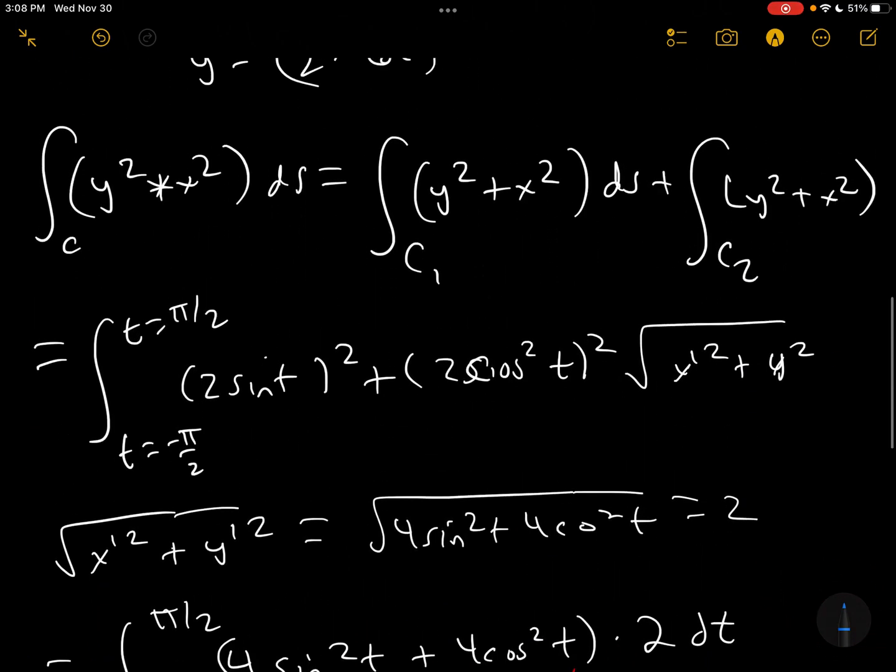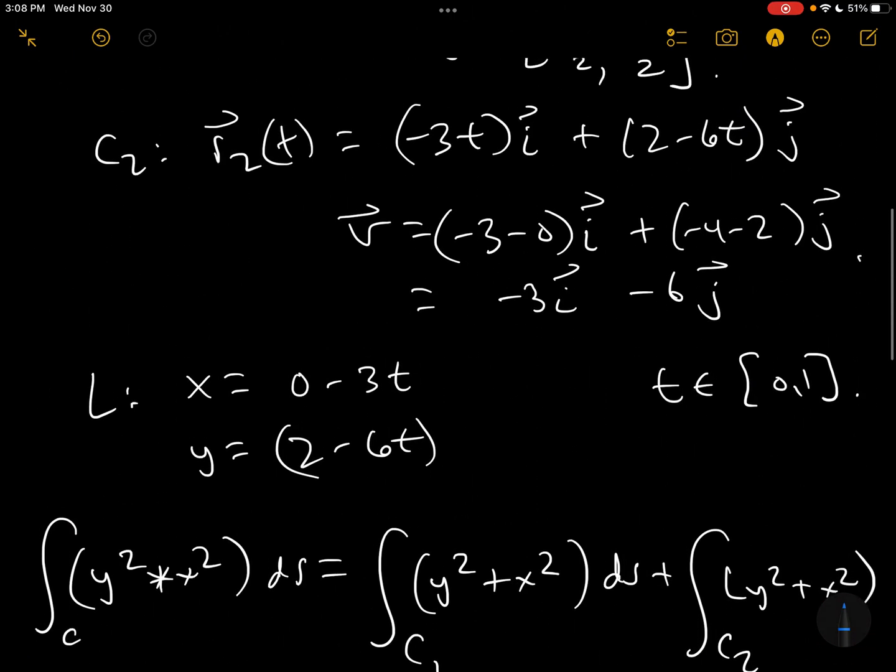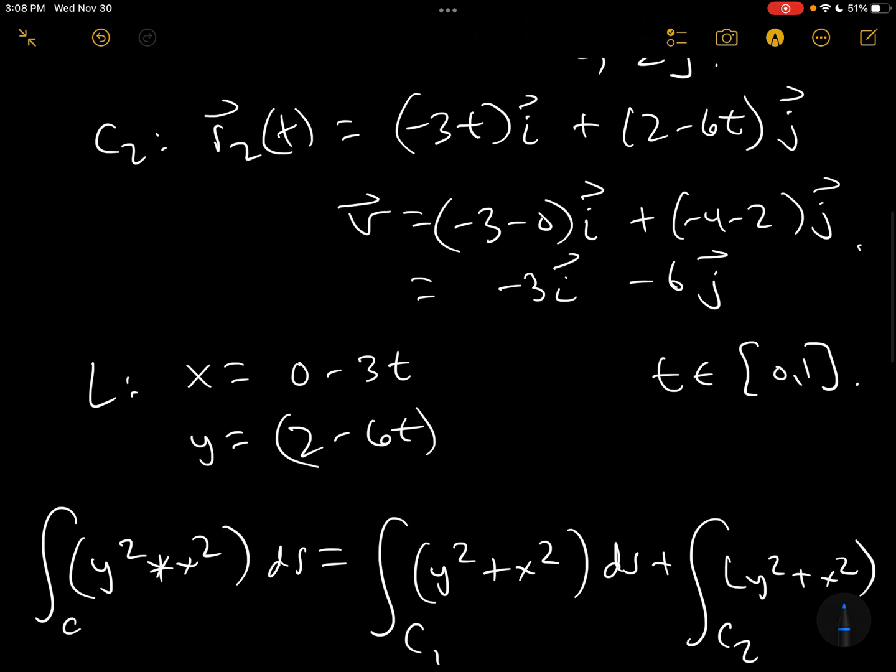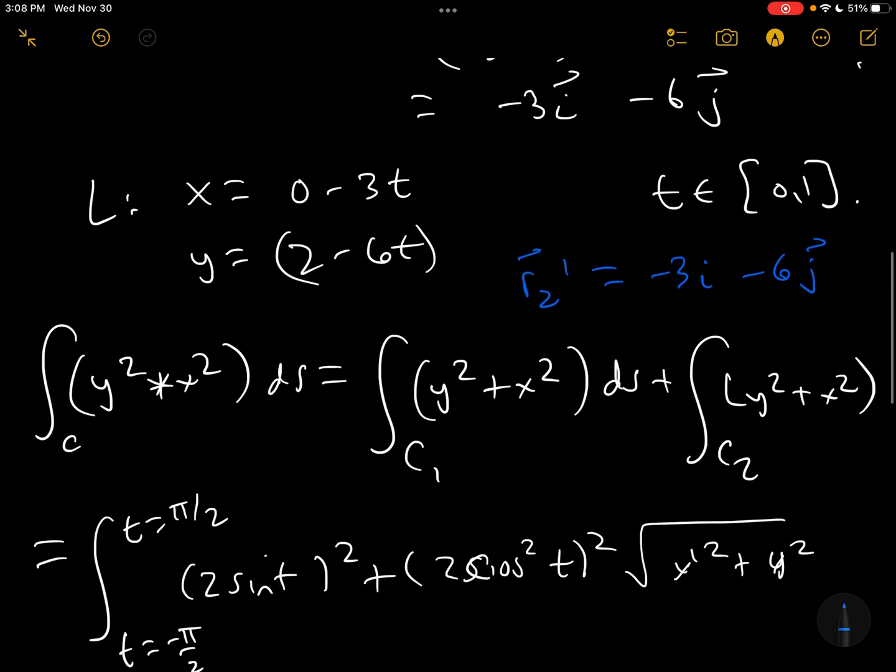And what is r prime? R2 prime is minus 3i minus 6j, and the norm of that is 3 squared plus 6 squared, which is 9 plus 36, which is root 45.